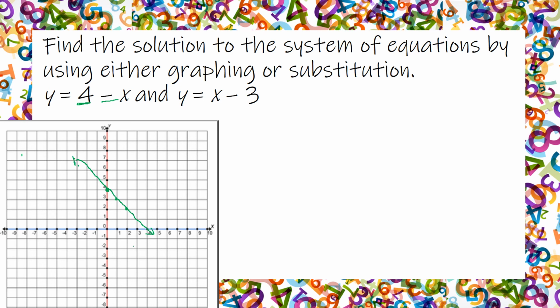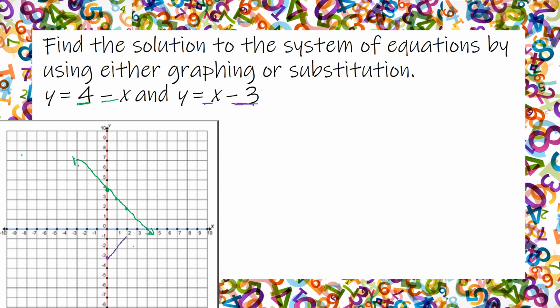Okay, and then I'm going to look at my second graph, and I have a y-intercept of -3, and I have a slope of +1 there.